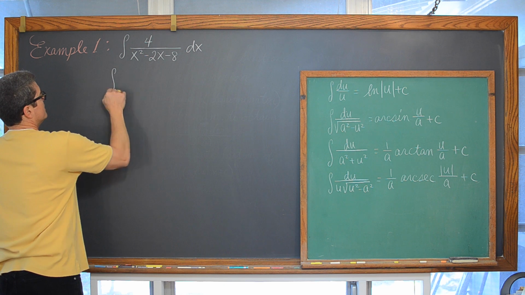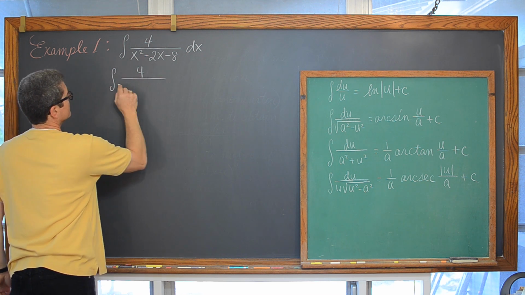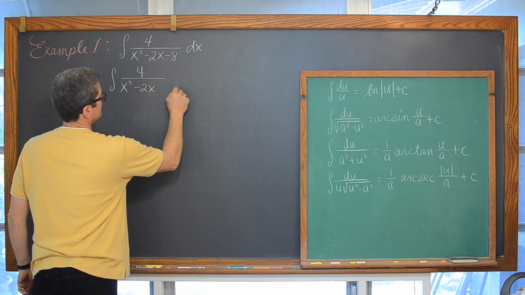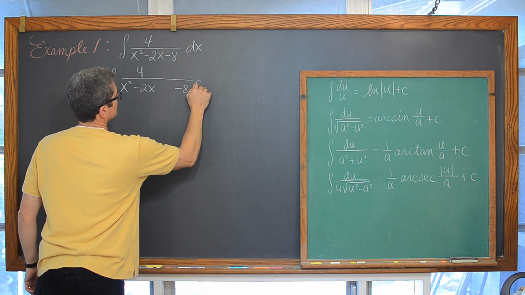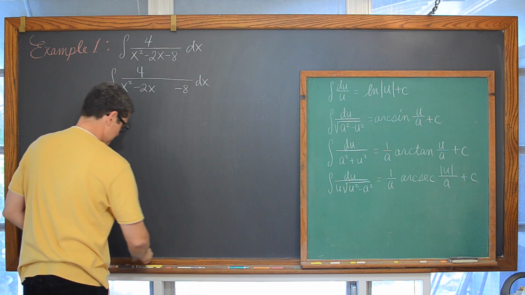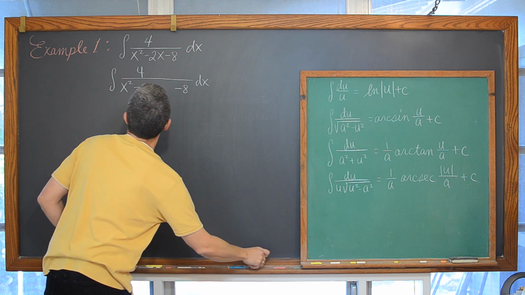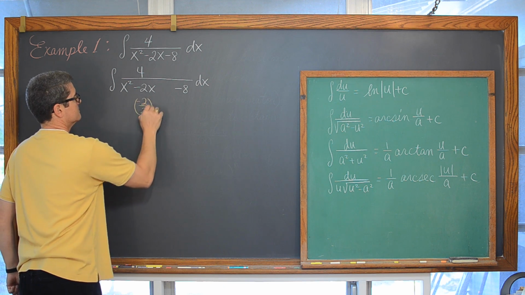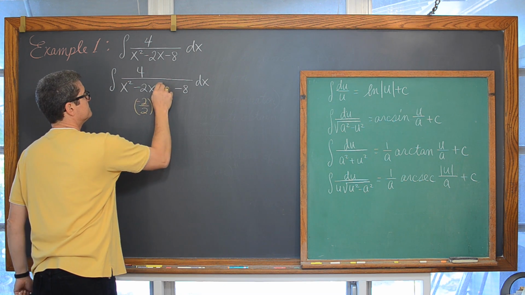We've got the indefinite integral of 4 over x squared minus 2x. Leave some room for completing the square. We're going to take a piece of orange chalk. Take half of b, divided by 2, and square it.